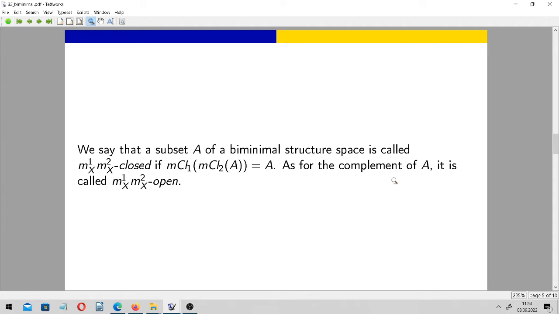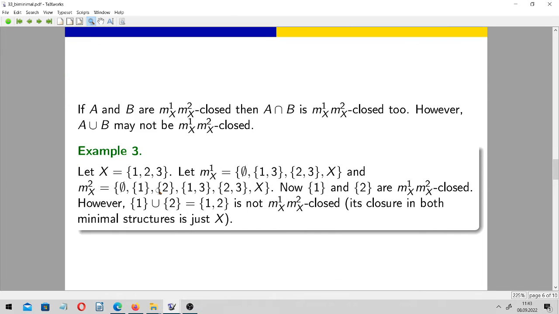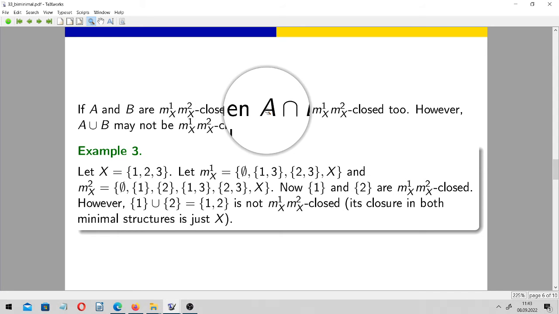The complement of such a set is called M1, M2 open. This is clear. One can prove that if we have two M1, M2 closed sets, then their intersection is closed too, but their union may not be M1, M2 closed.